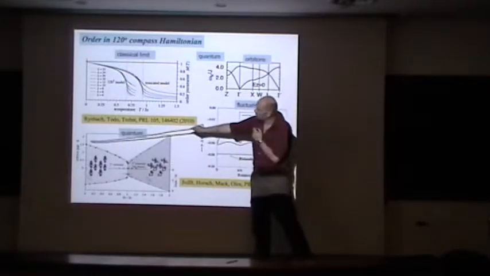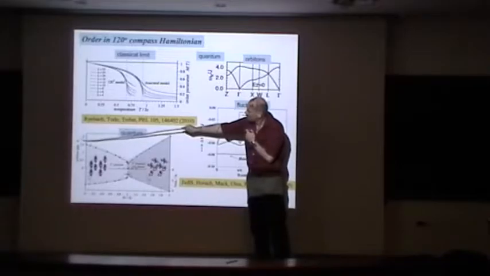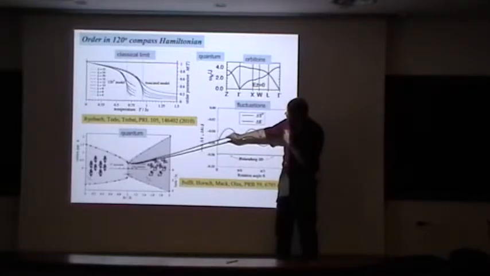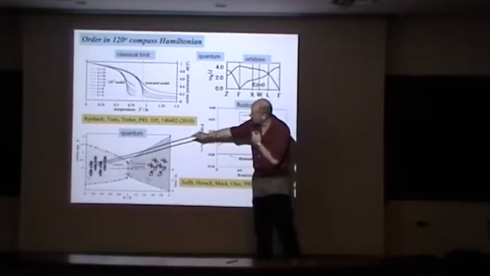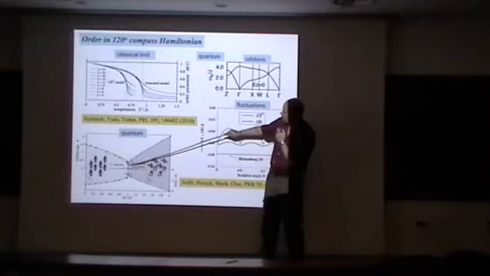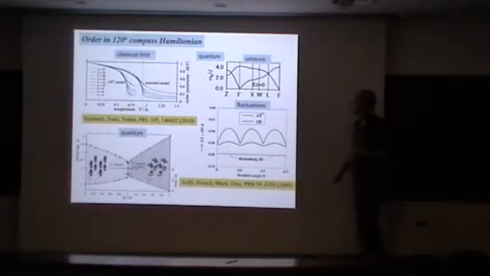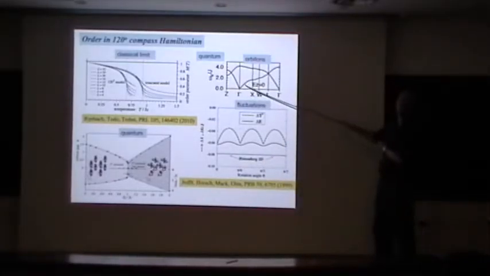And you see here actually what's calculated is the gap. So you see, at least within the accuracy of their calculations, there is a gap at this point, which is about smaller than half J. So that's different from this picture. So the fluctuations actually generate a gap here.